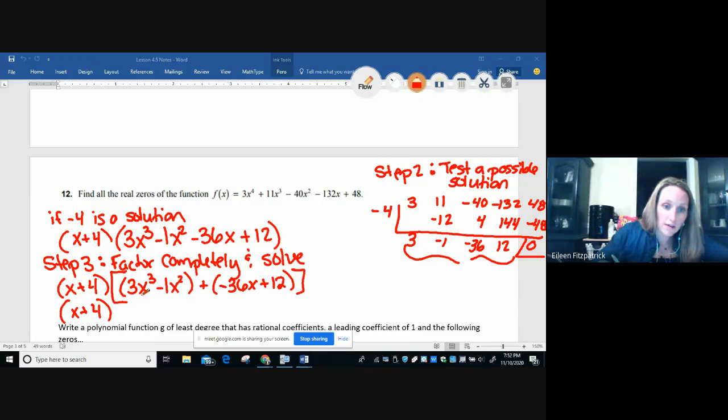My GCF here is an x squared. So I have x squared factored out. That's going to leave me with 3x minus 1. My GCF here is going to be a negative 12. I factor that out. I'm left with 3x minus 1.